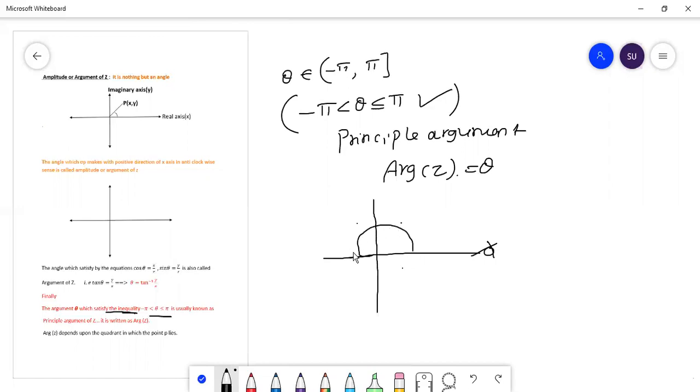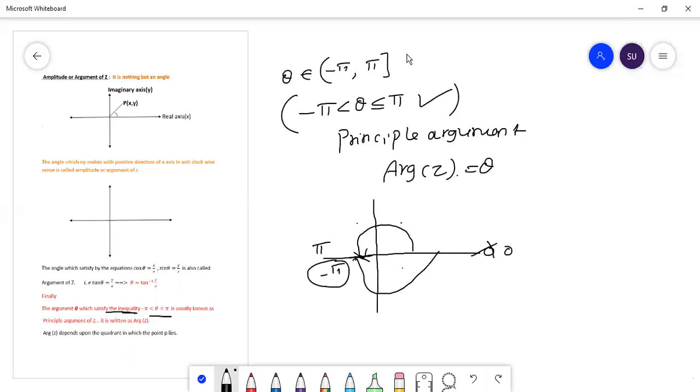Up to here, this is defined as 0 to pi. The same way, this is the negative side, 0 to minus pi, but minus pi cannot be taken. Only this theta is defined between minus pi to pi. Pi is included.